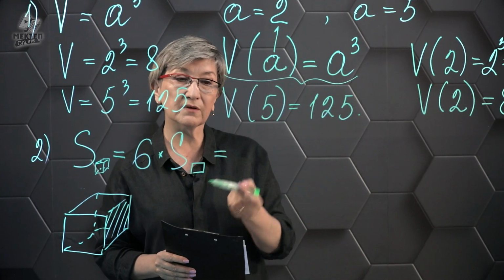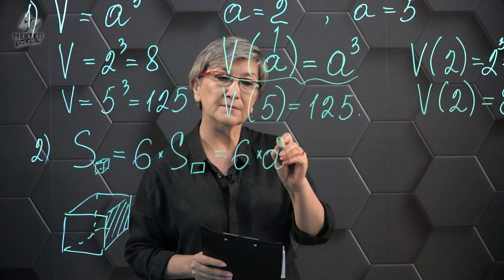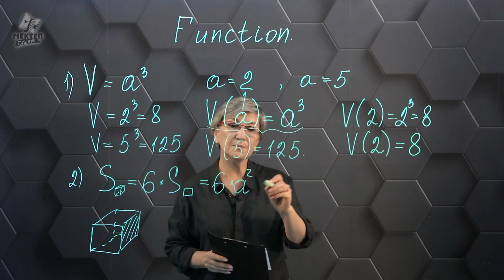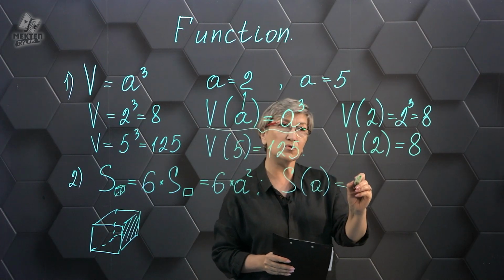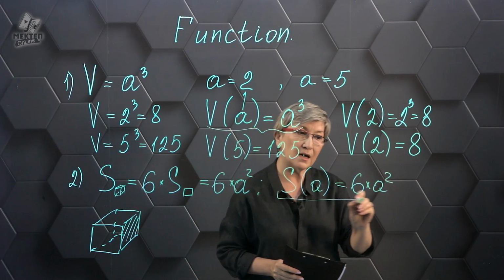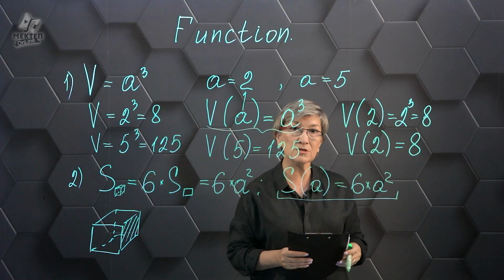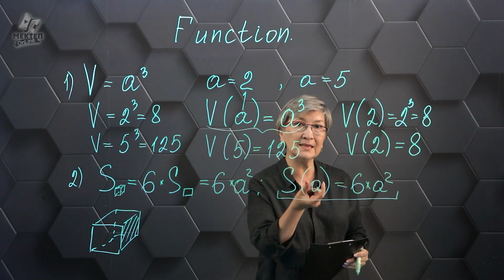And we know that the area of a square is calculated by the formula A squared. And then we can write that the surface area of the cube is calculated by the formula 6 times A squared. And then we again have a functional relationship. The surface area depends on the side length of the cube, or we say the edge length of the cube.